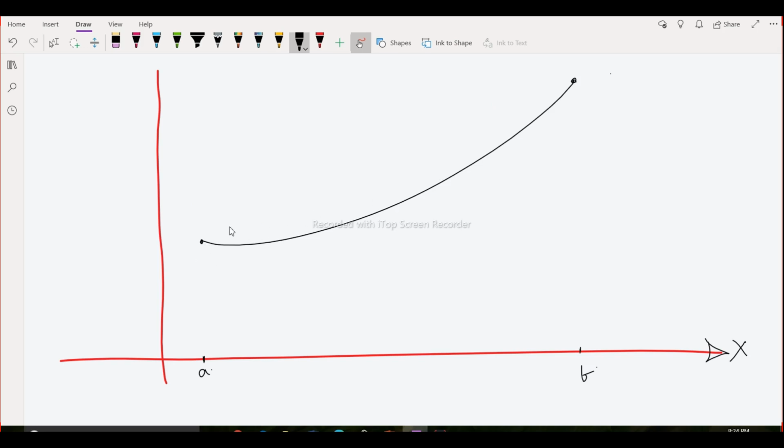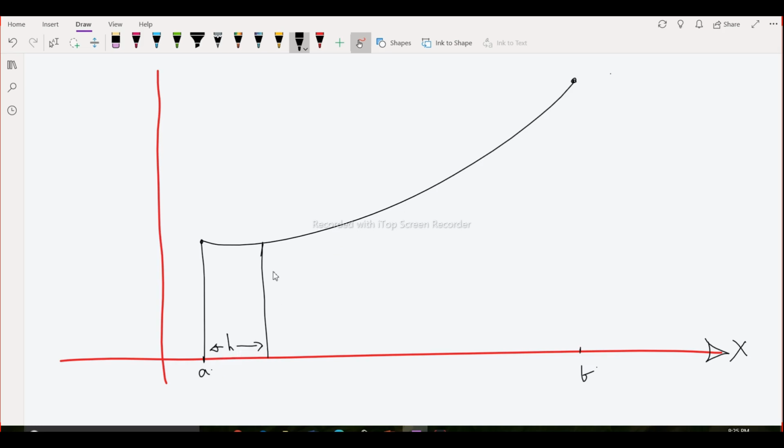So the concept we'll be using is, under this curve I'll be making rectangles. Let's say I make this one rectangle, and I'll make big rectangles just to make you understand. Let's say the width of this rectangle is h.